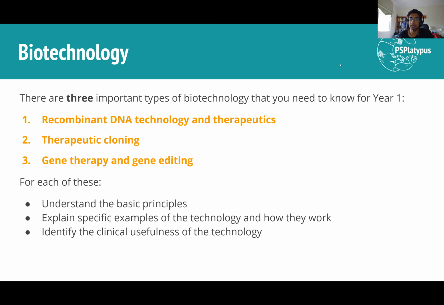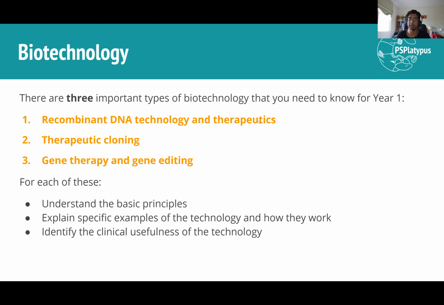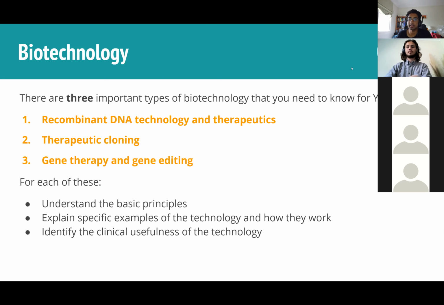Therapeutic cloning is still in its early stages, especially certain types of therapeutic cloning are still being developed, and gene therapy is, if anything, in its infancy. So we're very much on the cusp of developing that. You might have heard things about, say, CRISPR in the news at various points. That's really what we're developing now and trying to get to a state where we can actually use it regularly in therapy.